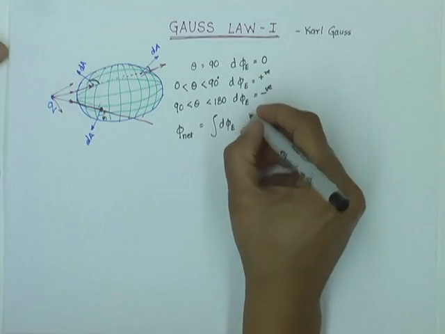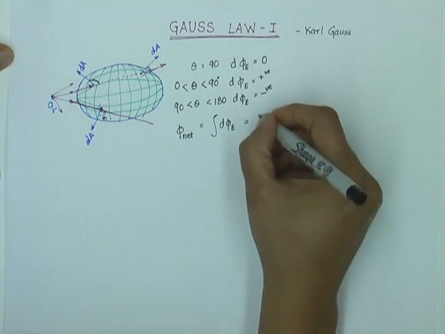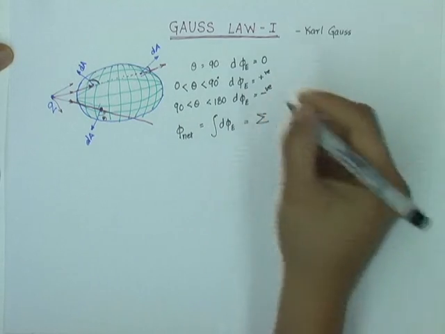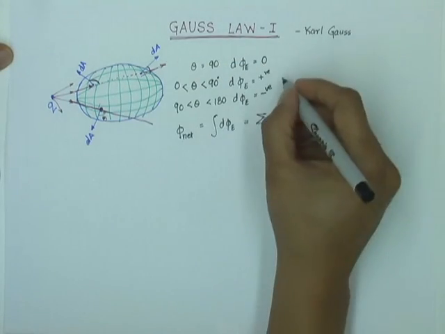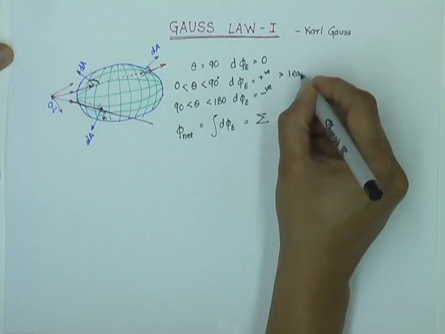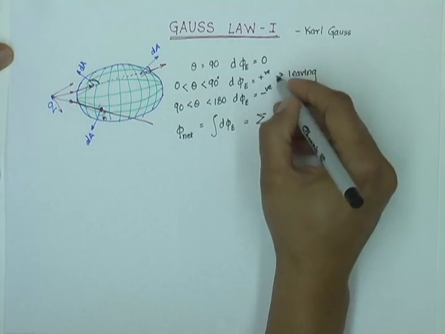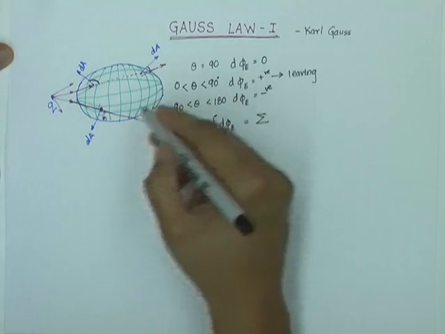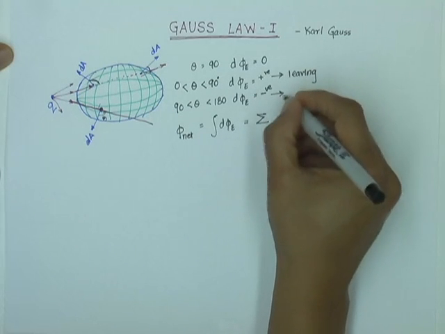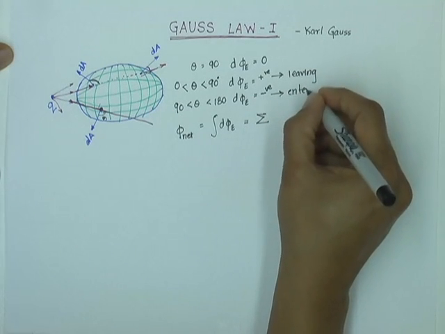So what we can say is that these are all the lines leaving the surface for which the phi is positive. And for all the lines entering the surface, my phi is negative.